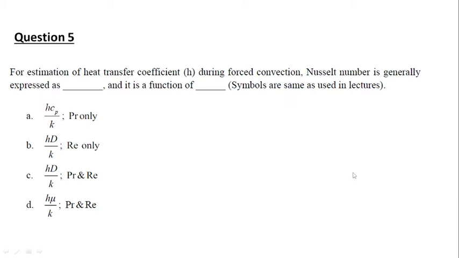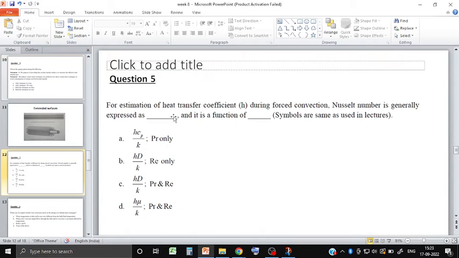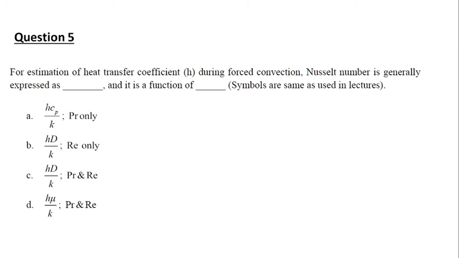So question number 5, for estimation of heat transfer coefficient H during forced convection, Nusselt number is generally expressed as dash, and it is a function of dash.